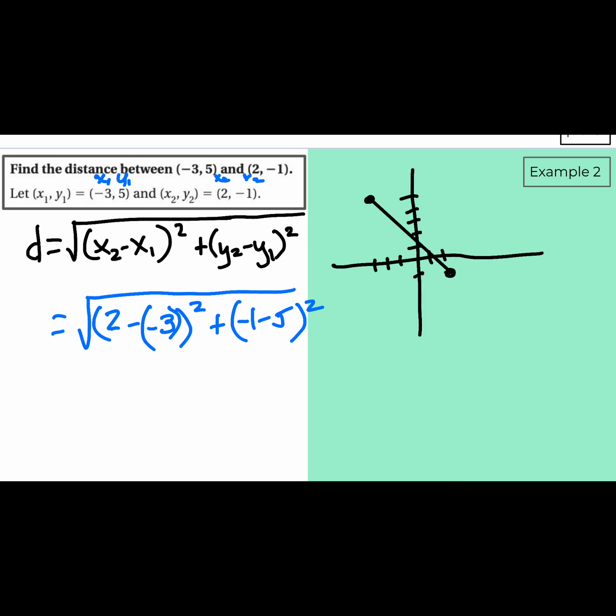Now if we simplify, we have 2 minus a -3. So minus a negative means plus. 2 plus 3 is 5. 5 squared would give us 25. -1 minus 5 is -6. -6 squared is 36.